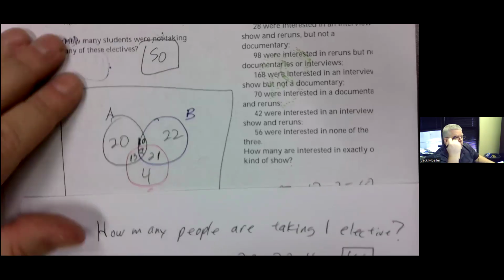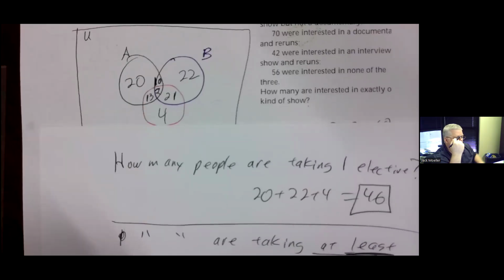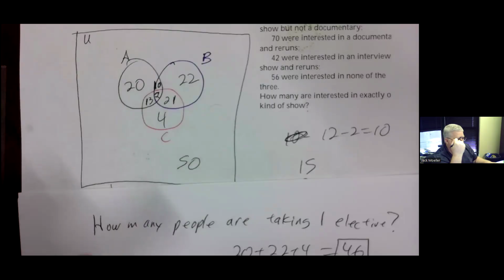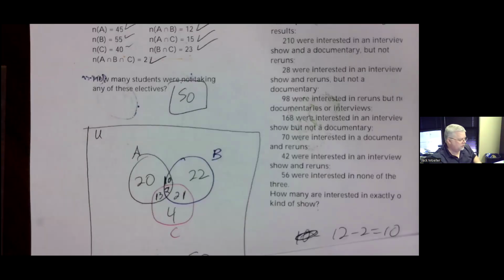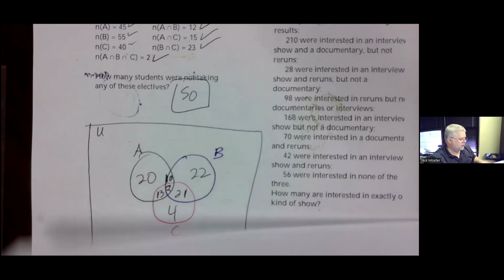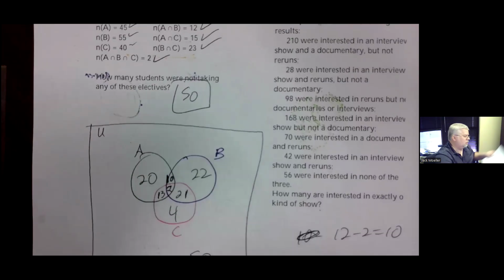We're going to give you information like this for a 3-set Venn diagram. You have to create your 3-set Venn diagram with numbers in all the regions. And then on the test, I'll try to make sure to ask you multiple questions, that way you use that information more than once. But MATLAB may just ask one question and then do another Venn diagram.